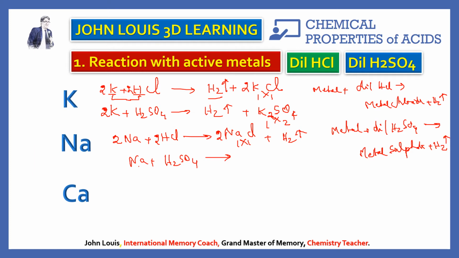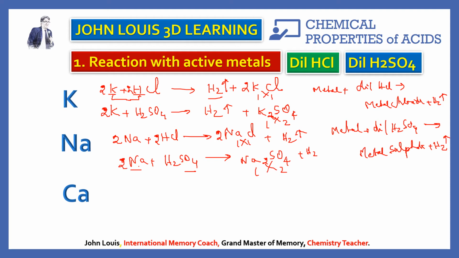Sodium is a metal and this is dilute sulfuric acid, therefore metal sulfate. What is a metal sulfate? Sodium sulfate will form. How can we get the formula? Sodium valency 1, sulfate valency 2. Therefore we get Na2SO4 plus hydrogen gas is released. If we balance the equation, here you are getting 2 Na, therefore here it should become 2 Na.